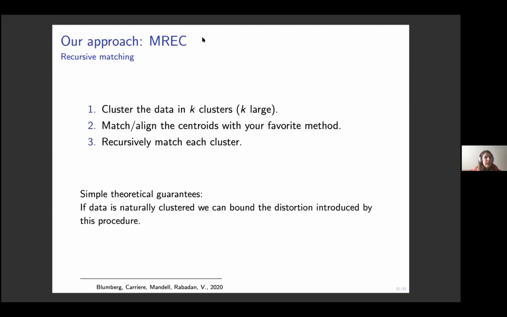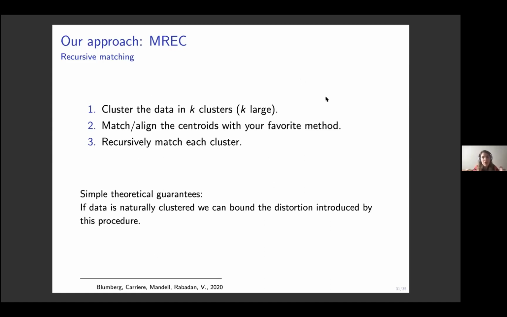So what we propose is this approach called MREC, that basically is just recursive matching. I don't know what matching algorithm I'm doing, but I'm going to use that as a black box. I'm just going to take my two data spaces, consider K clusters in these two large data spaces, consider the centroids of those clusters, and then I'm going to match these K centroids using my favorite method for matching.